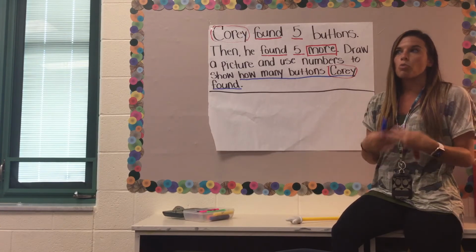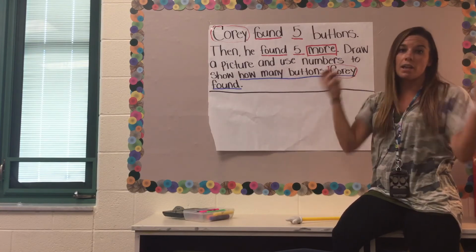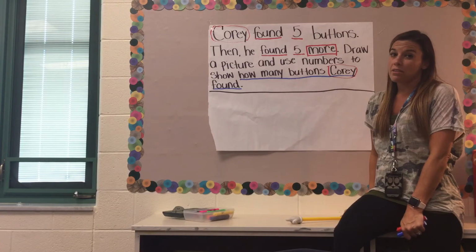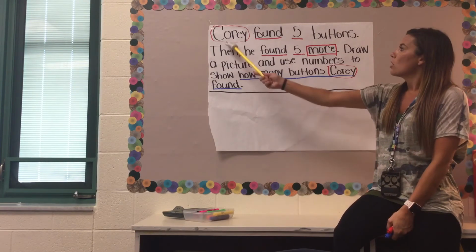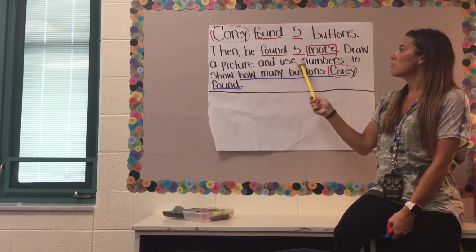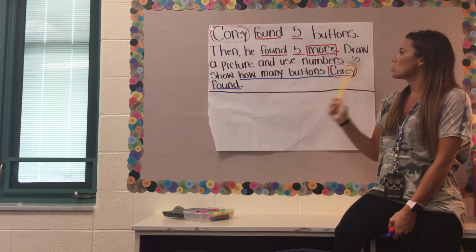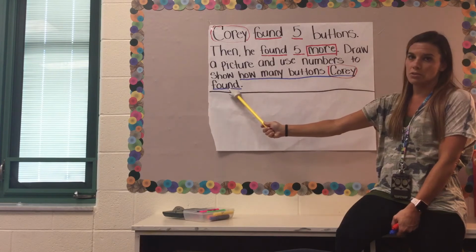What is the problem? What do they want to know? And they want to know how many buttons Corey found, all together, okay? So, let's read it all together, and if you can, I want you to read along with me, okay? Corey found 5 buttons. Then he found 5 more. Draw a picture and use numbers to show how many buttons Corey found.